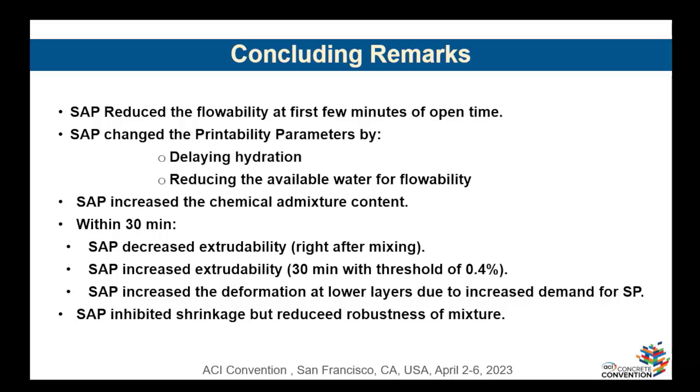I don't like it, not only because of costs, but because during the open time SAP can manipulate the viscosity and the rheological properties of my mixture. So there's something I have to work on to produce a more robust mixture. And SAP decreased extrudability right after mixing, but increased extrudability within that open time.